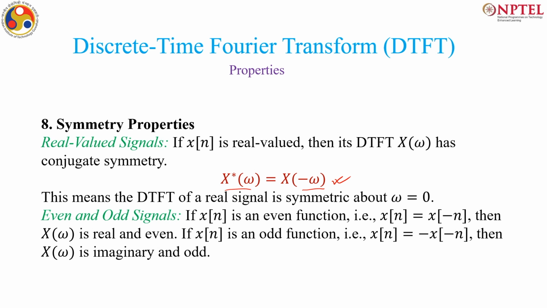Further, if your signal is real and even, then your spectra will also be real and even. Similarly, if your signal is real and odd, then your spectra will be completely imaginary and odd. Good examples are sines and cosines, which are odd and even respectively. These are harnessed to compute the discrete cosine transform and the discrete sine transform.